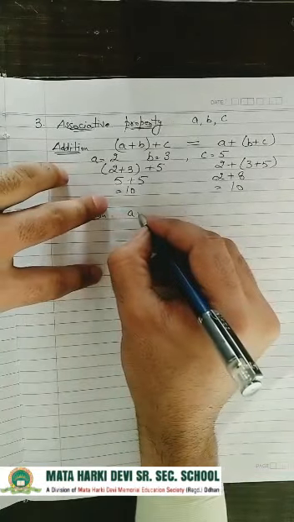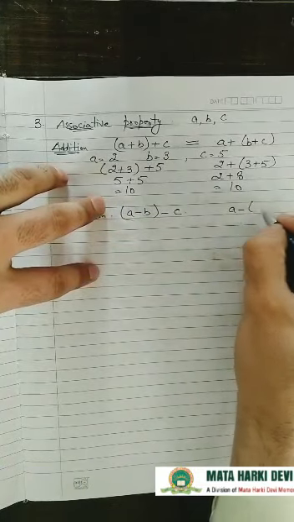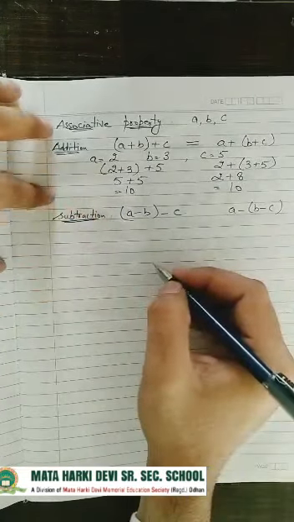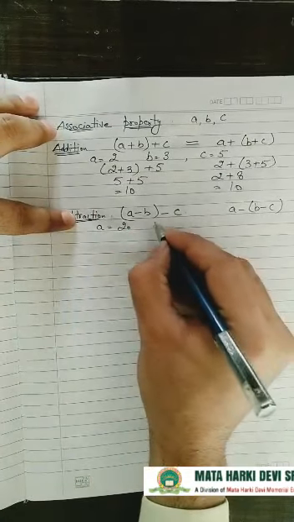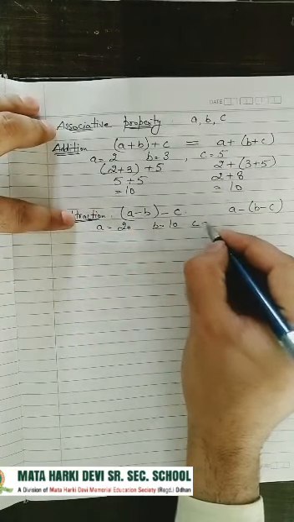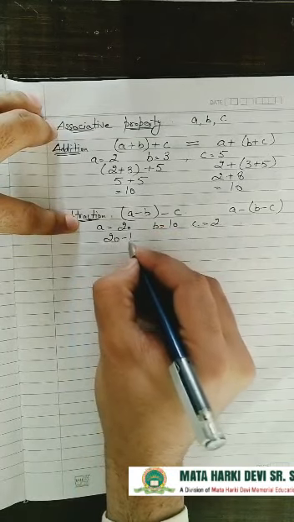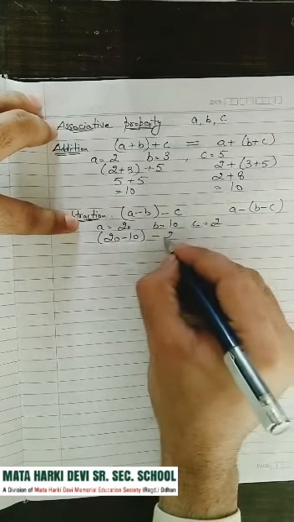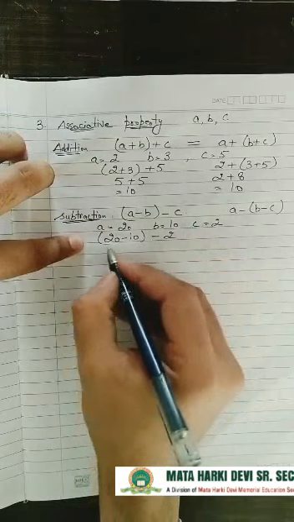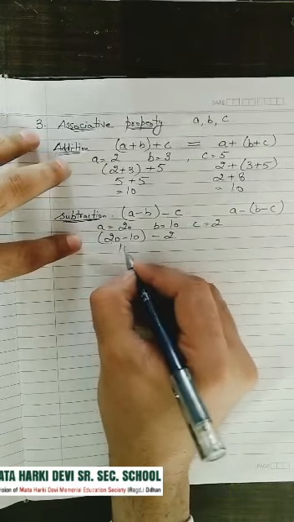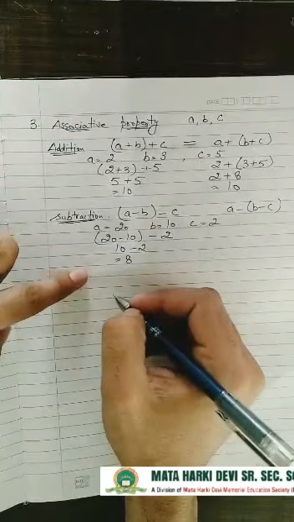You have to change the signs, A minus B, then minus C, A minus B minus C. So let us take an example, A is equal to 20, B is equal to 10, suppose C is equal to 2. So for the first case, 20 minus 10 minus 2, we put the values in the equation. 20 minus 10 gives us the result 10, and then later on we subtract 2, the result is 8.